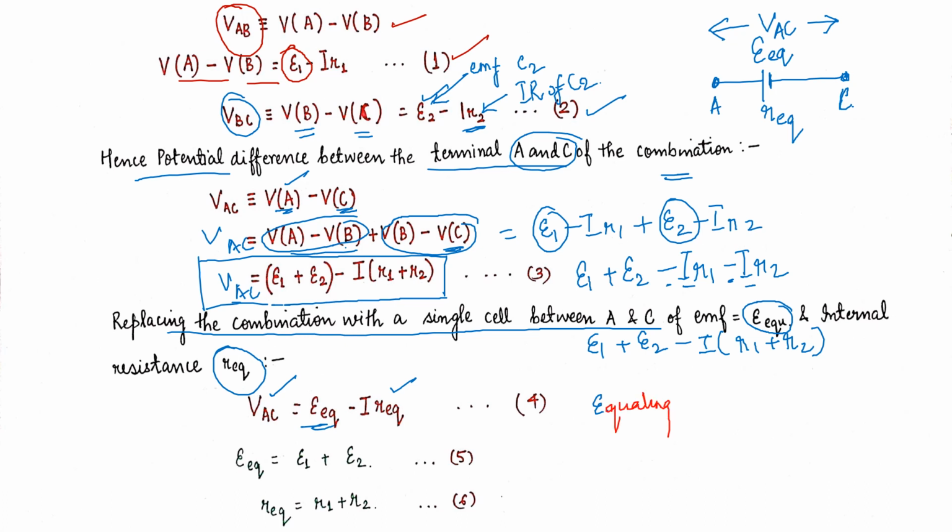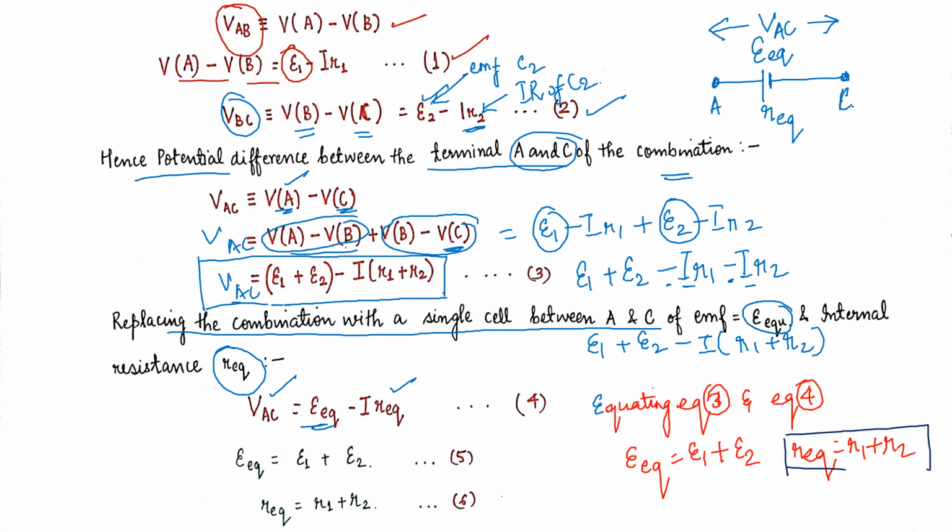Equating equation 3 and equation 4, what we get is epsilon equivalent equals epsilon 1 plus epsilon 2, and similarly R equivalent equals R1 plus R2. This is what we get by equating these two equations.